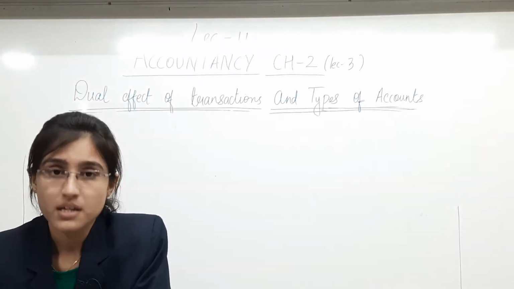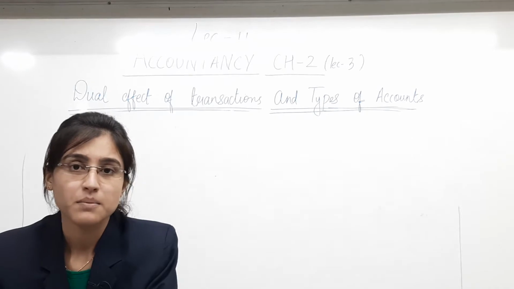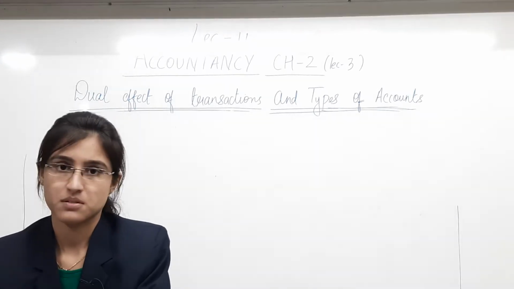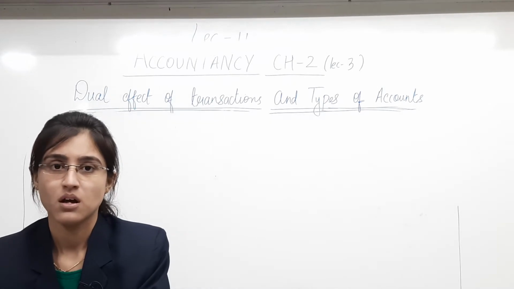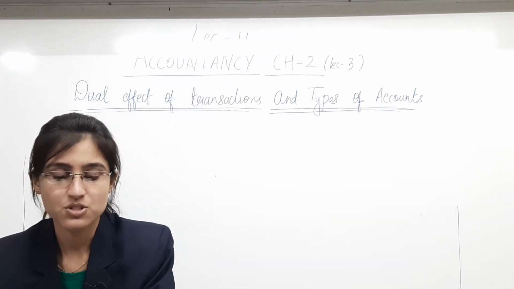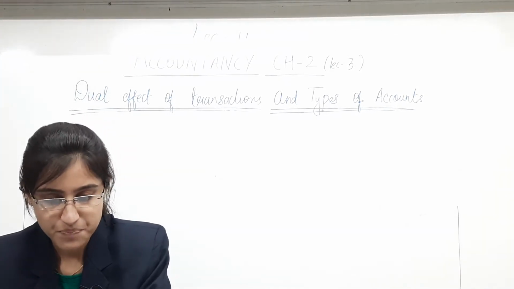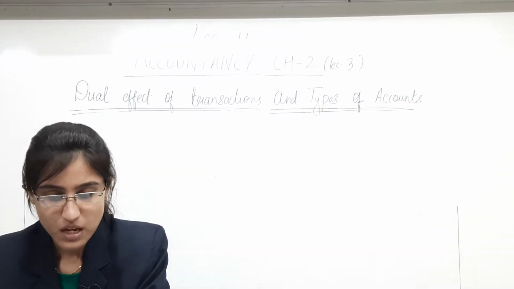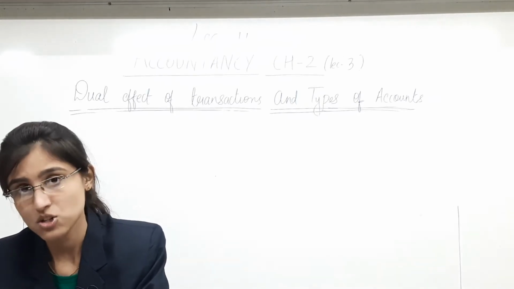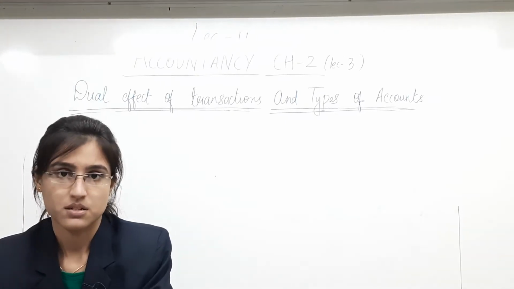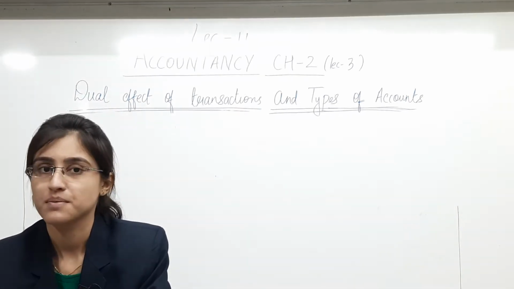Page number 28, chapter 2, part 1, 11th commerce. Yes, we have already finished illustration 1. Now we are doing illustration 2. Yes, please pay attention. It says, describe whether the following transactions are cash or credit and explain the reason for it.